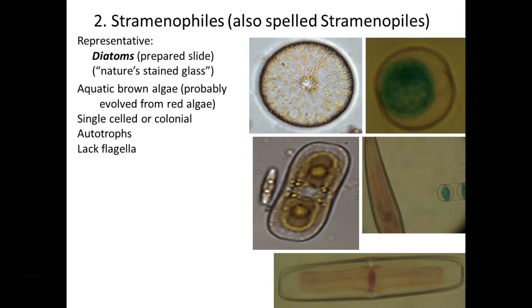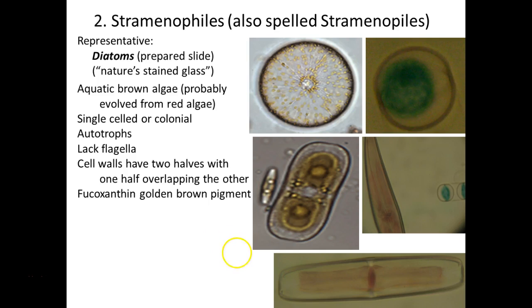They lack a flagella, unlike most organisms in this grouping. They have 2 halves that overlap like petri dishes. You can't really see that with the light microscope, but if you search Google for images of diatoms from high-powered microscopes, oh my gosh, there are so many gorgeous images, and they're just beautiful.